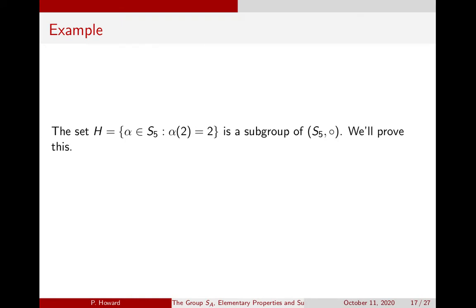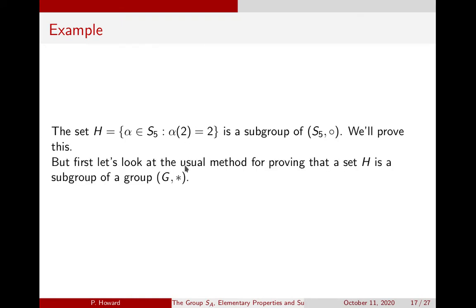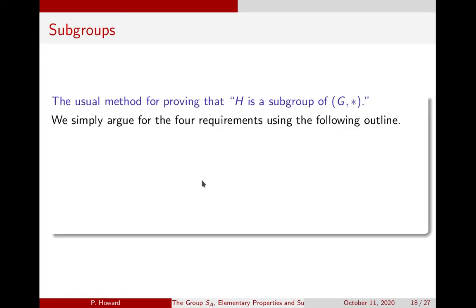So we will prove this, but first I want to look at the usual method for proving that a set H is a subgroup of a group G star. The usual method is simply to argue for the 4 requirements for being a subgroup.